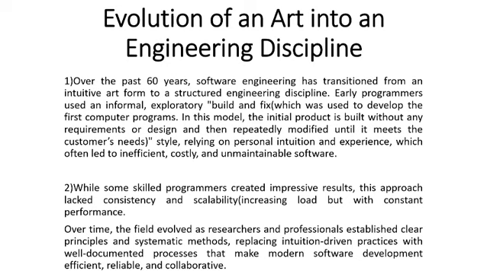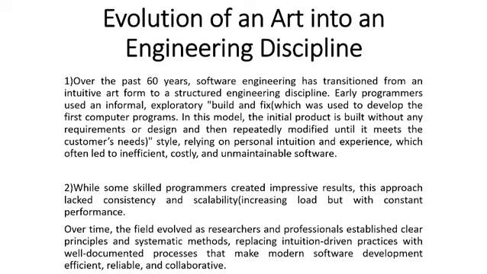See here, while some skilled programmers created impressive results, this approach lacked consistency and scalability, handling increased load with constant performance. Over time, the field evolved as researchers and professionals established clear principles and systematic methods, replacing intuition driven practices with well documented processes that make modern software development effective, reliable, and collaborative.